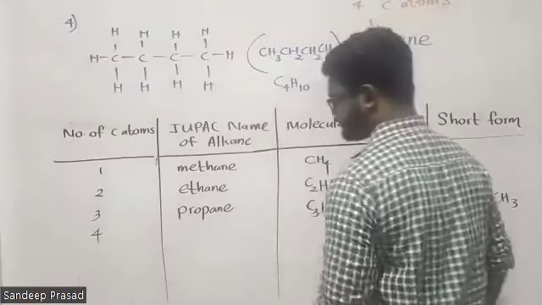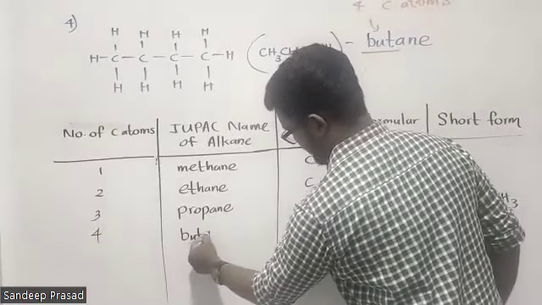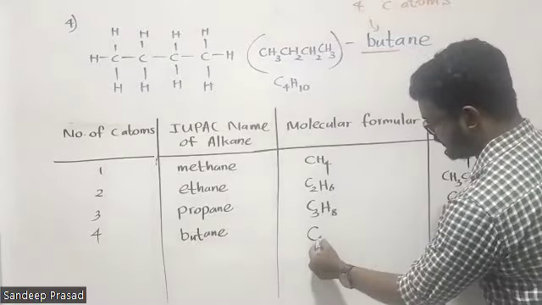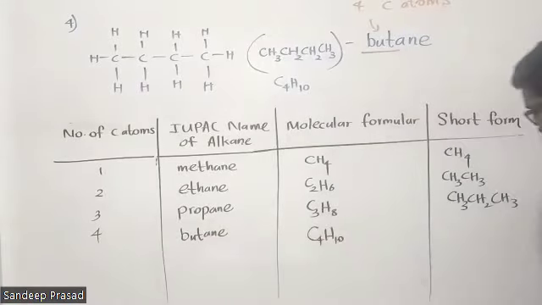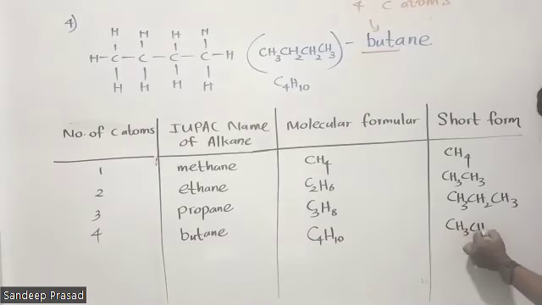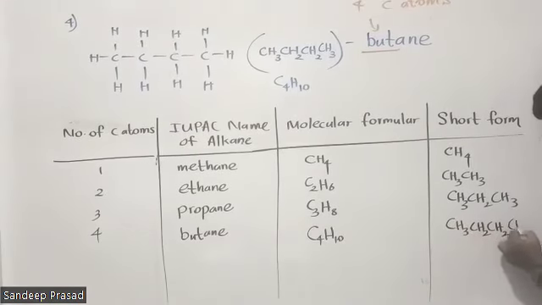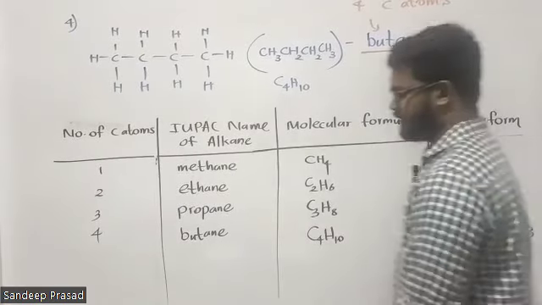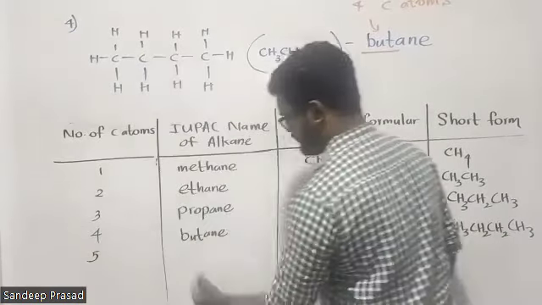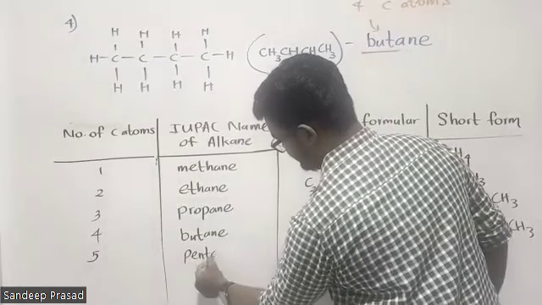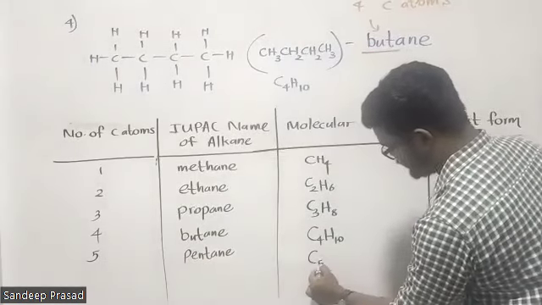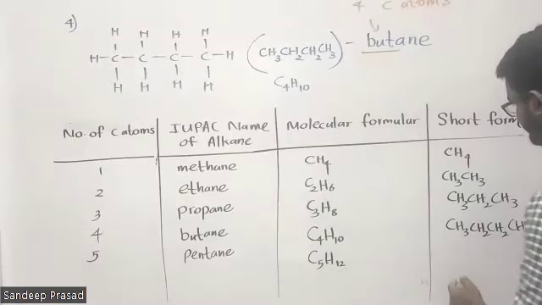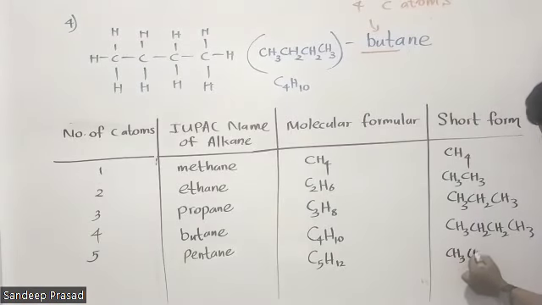Fourth one, butane, C4H10. CH3, CH2, CH2, CH3. Let me take 5, pentane, C5H12. CH3, CH2, CH2, CH2, CH3.